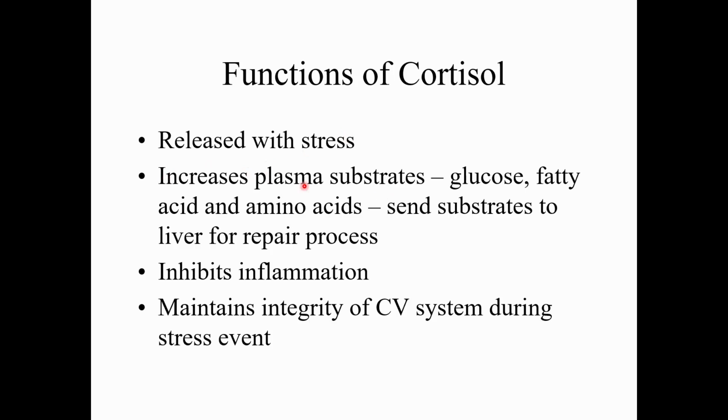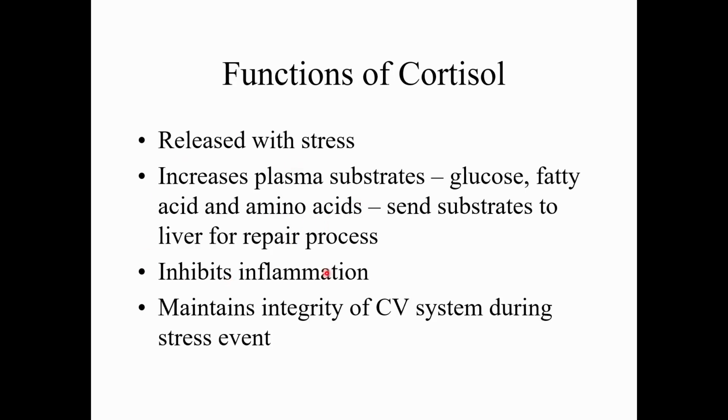Essentially what it does is cause the breakdown of tissues in the periphery, sends those substrates to the liver for repair. So you're going to increase blood glucose level. You're going to break down fat in the periphery. You're going to break down protein in the periphery and send that glucose, fat, and amino acids to the liver to mount the repair process.